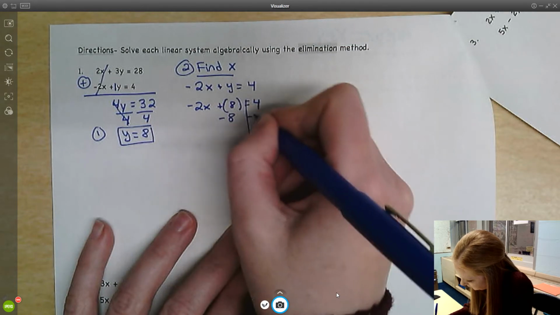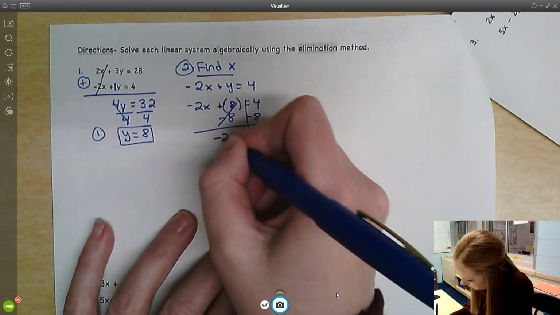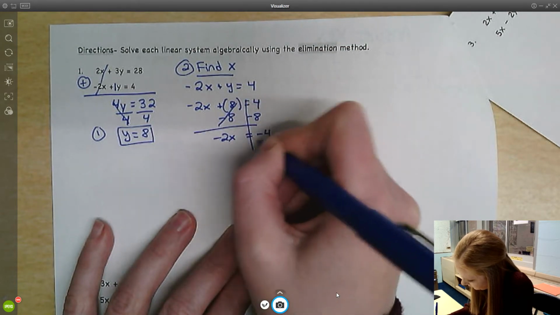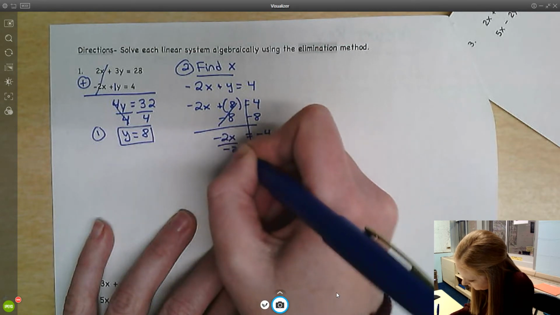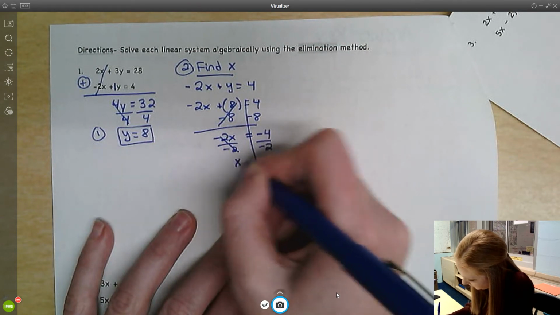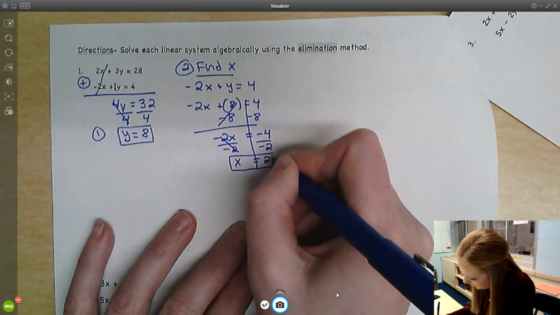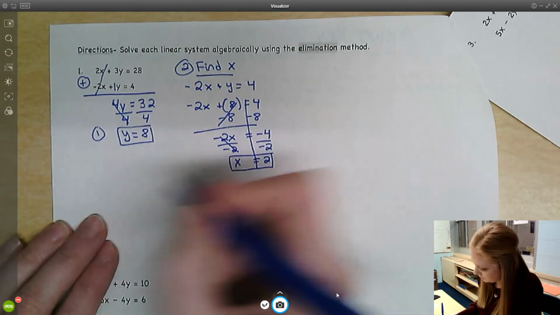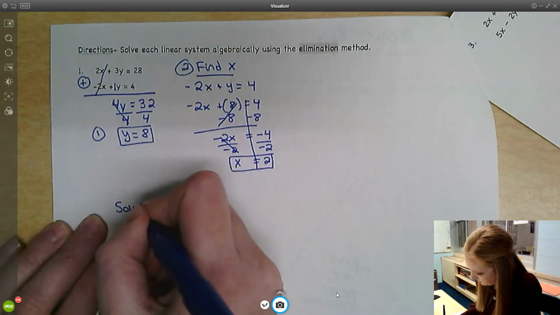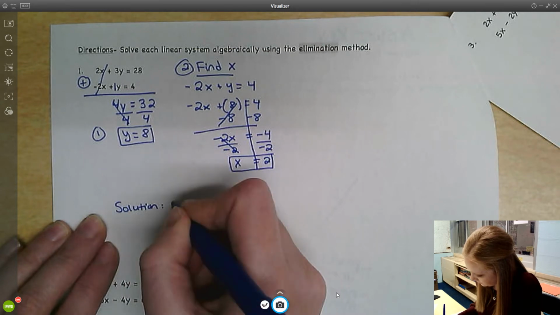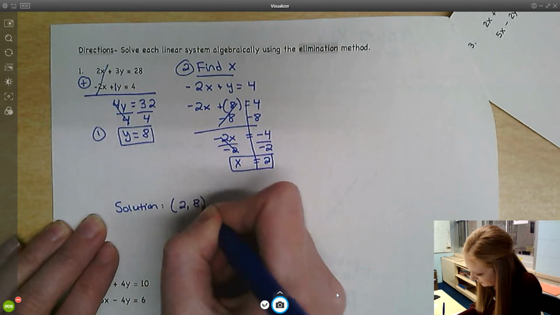Minus 8 on both sides. Negative 2x equals negative 4. Divide by negative 2 on both sides, and we determine that x equals positive 2. So that means our solution is 2, 8.